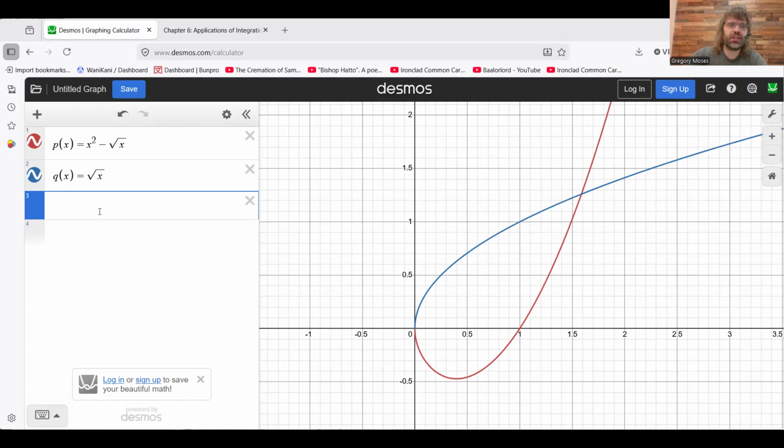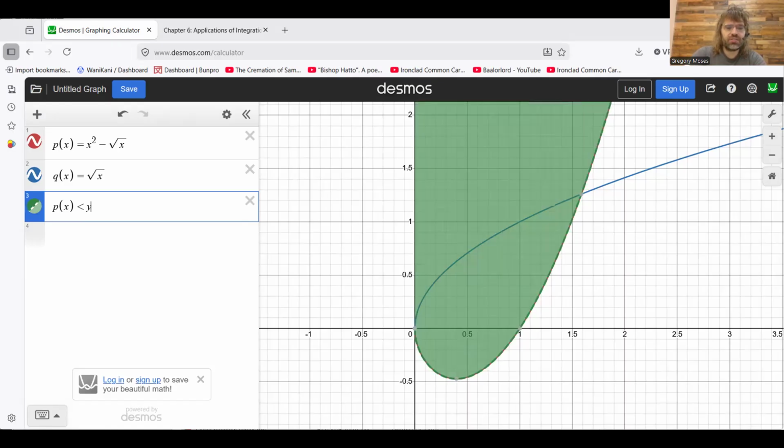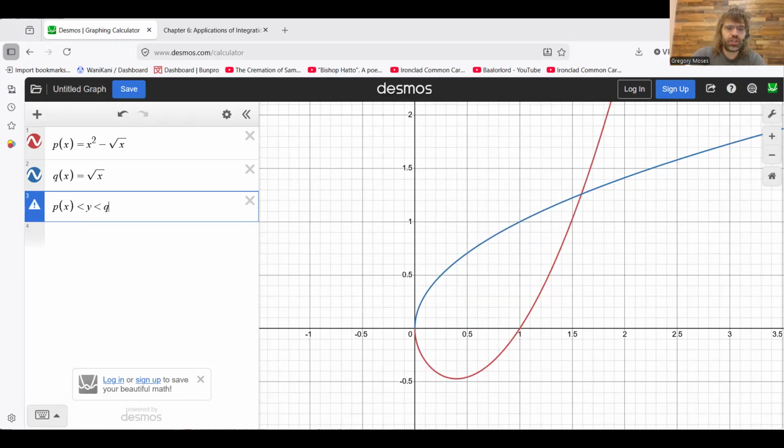Let me see if I can shade it for you. P of x is the lower function, and q of x is the upper function.